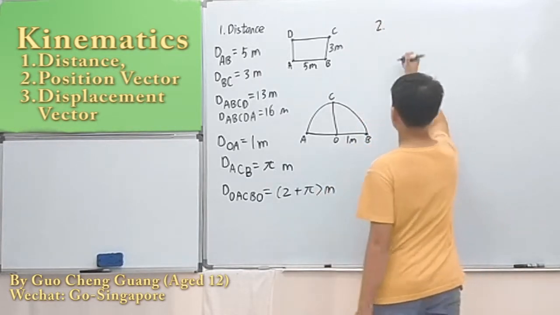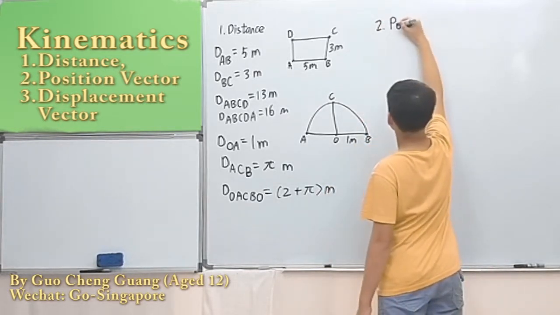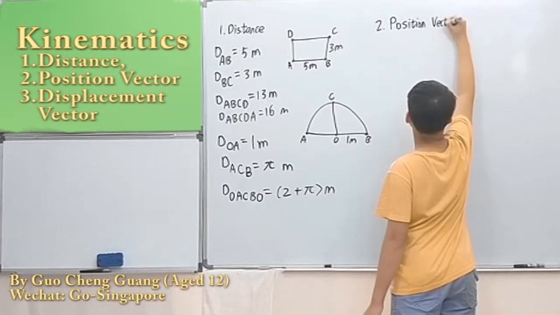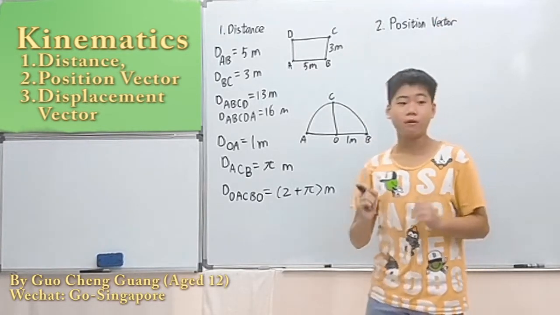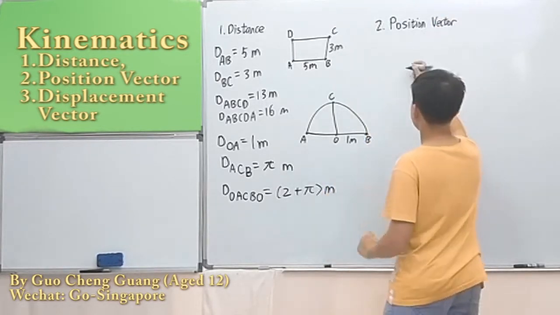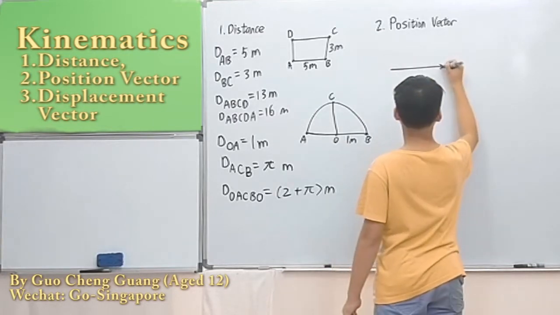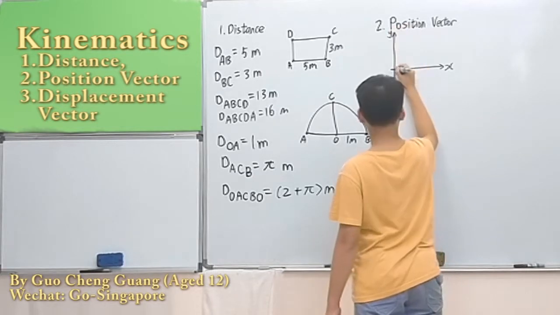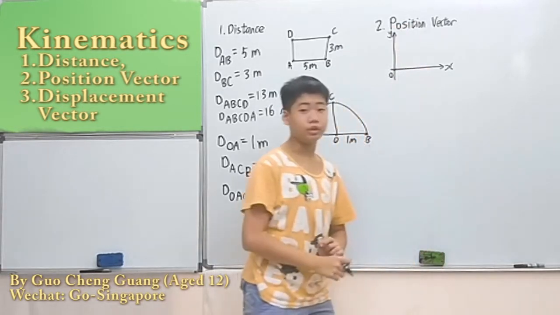In the second point, it will be the position vector. Now for this position vector, we have the xy plane, and here is the origin.